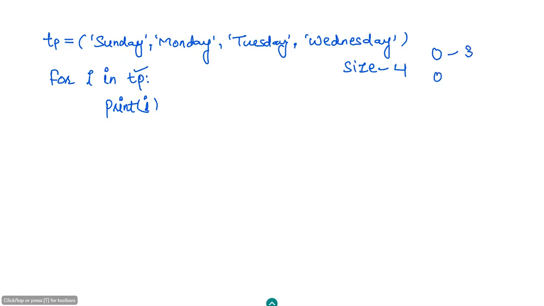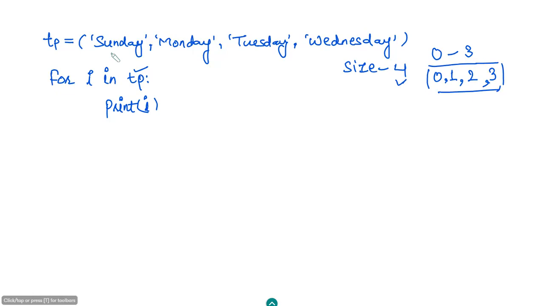That means 0, 1, 2, 3. So how many times will the loop be executed? 4 times, because it will start from 0. 0, 1, 2, 3, right?